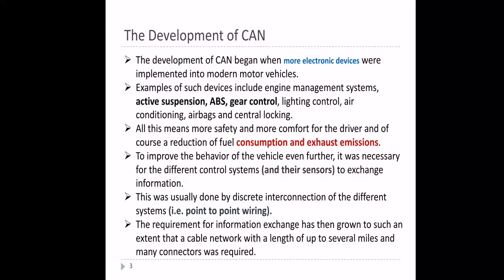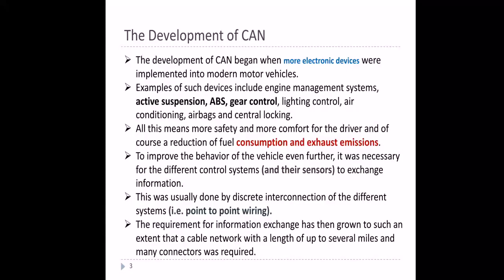These system-level components all use CAN as a communication protocol. All this means more safety and more comfort for the driver, reduced fuel consumption, and reduced exhaust emission. So obviously the efficiency goes very high. Hence CAN has made its own standard and was brought into the market.